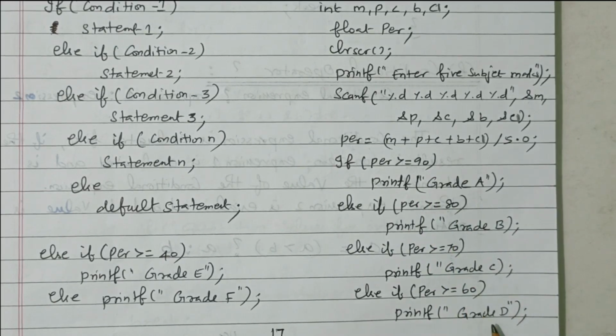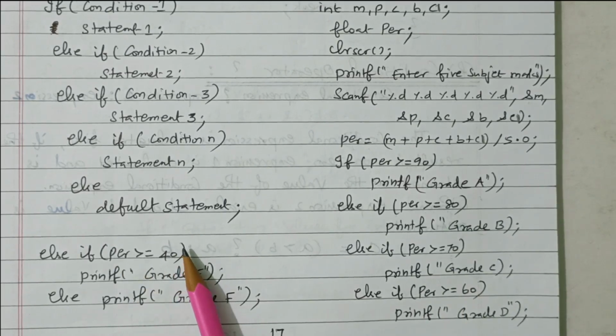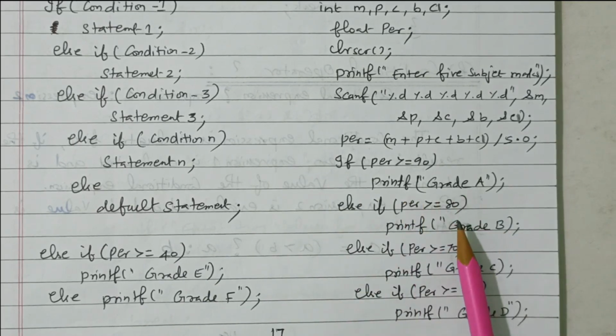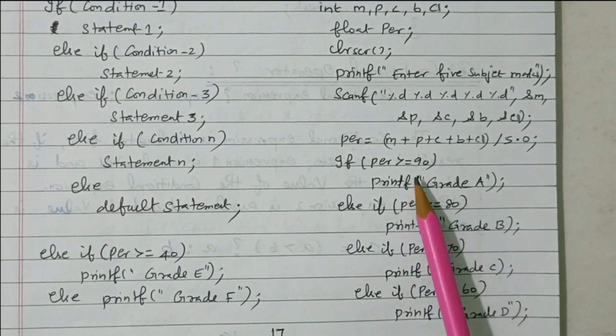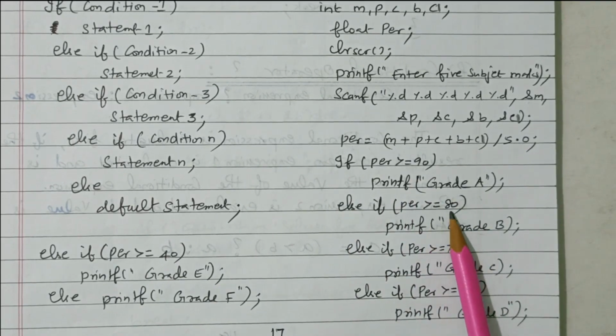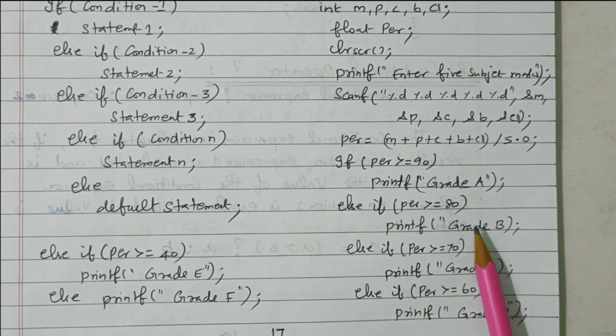Then 60 and above means grade D. 40 and above means grade E. If it is less than 40, the grade will be F, right? So for every condition we have a statement; that is called an if else ladder. Greater than or equal to 90 false, greater than or equal to 80 true means it is between 80 and 89, not 90, right? So 80 to 89 is grade B. Like that we are checking the conditions one by one.